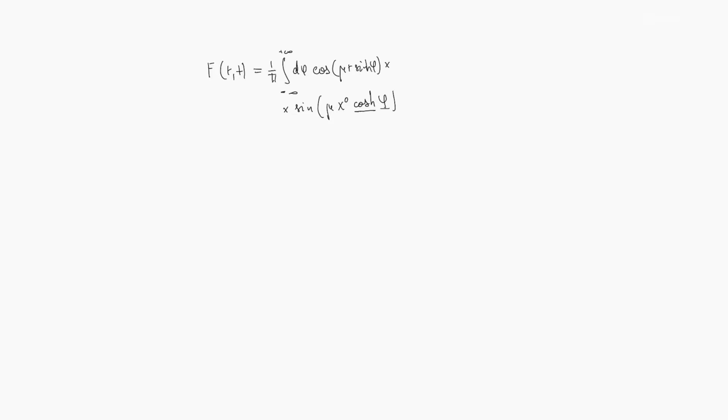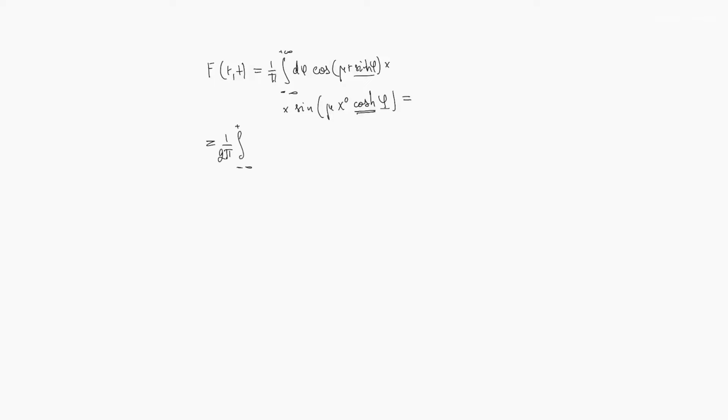And now, we have this integral, but we can further use the formula for the product of two trigonometric functions, cosine multiplied by sine. So we proceed and write it as 1 over 2 pi, the integral from minus infinity to plus infinity d phi.